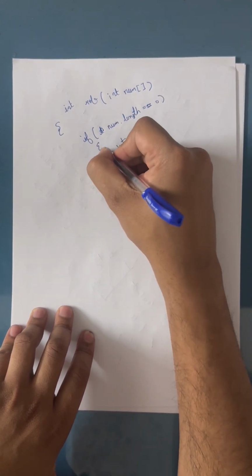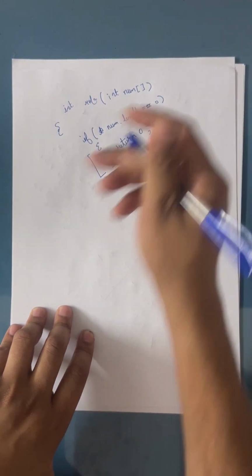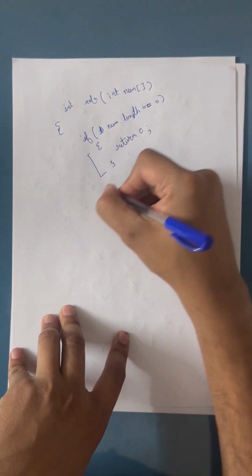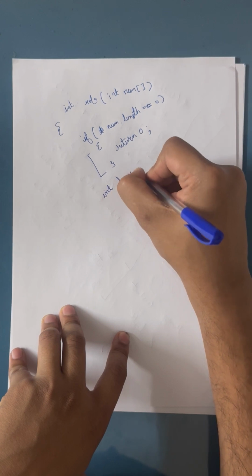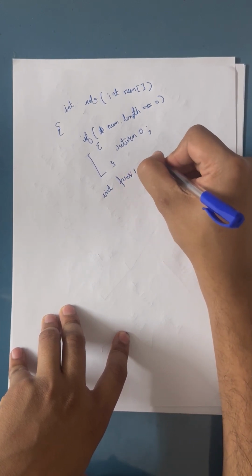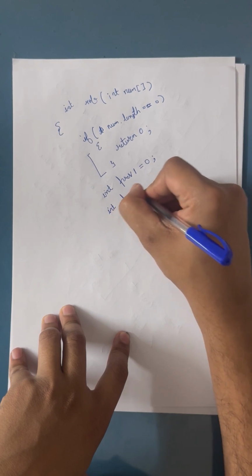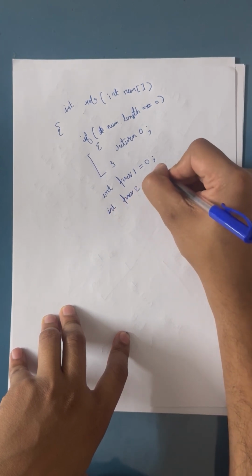This is the base condition. Now, instead of taking the array, we can take 2 pointers. The previous one we can initialize with 0, and previous 2 we can initialize as 0.